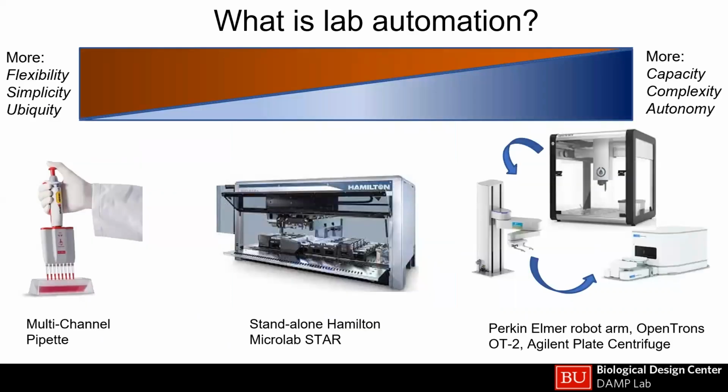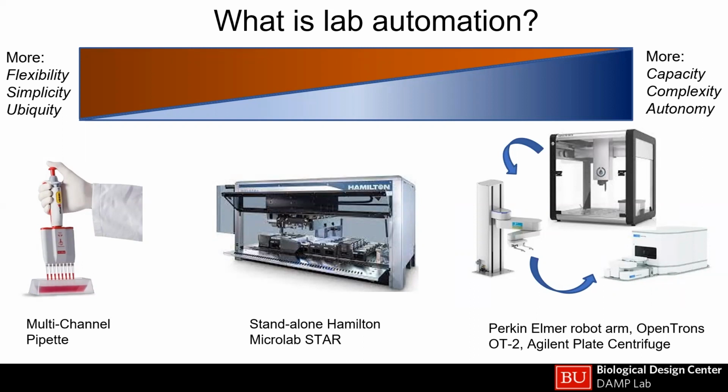So lab automation is a very broad topic, and I see it as kind of a spectrum. You have things that simplify a process and increase the throughput. These are things like multi-channel pipettes or thermocyclers.